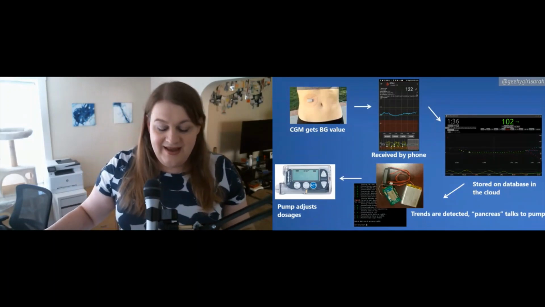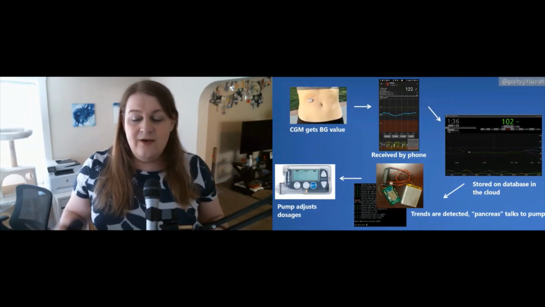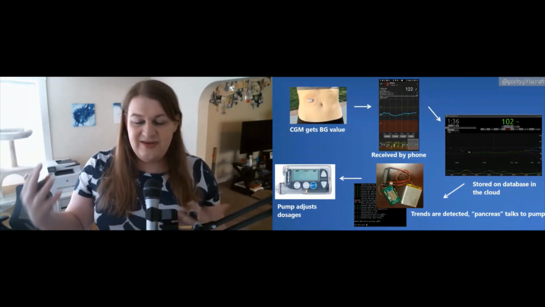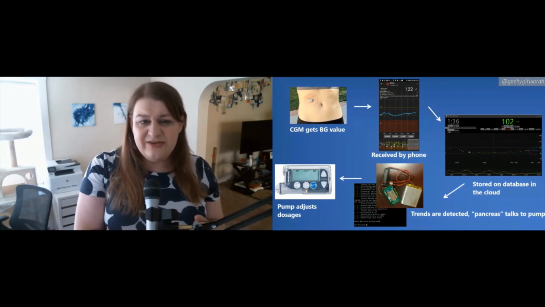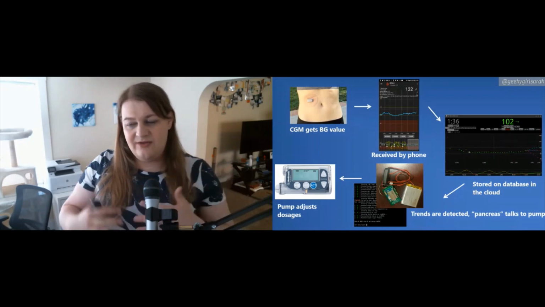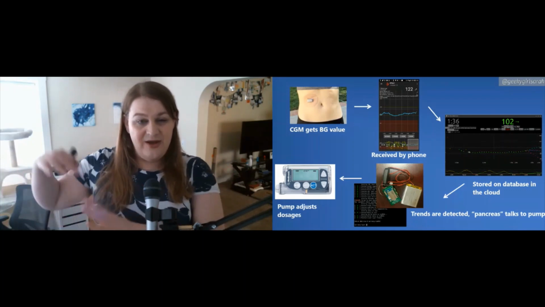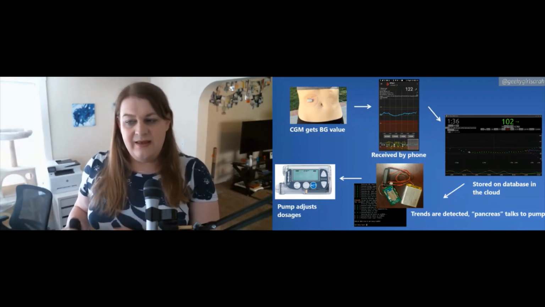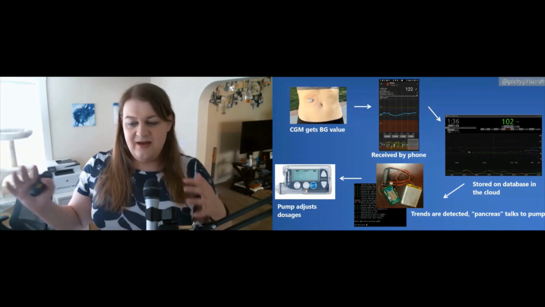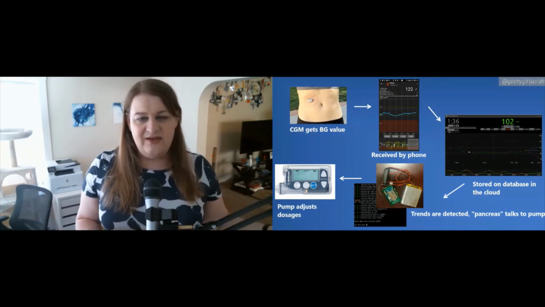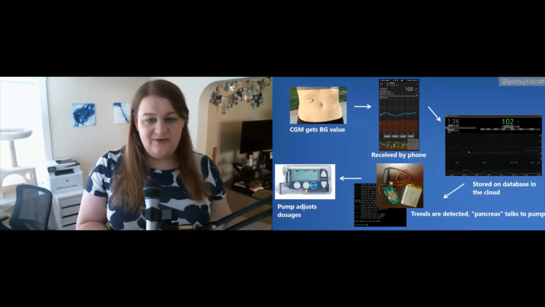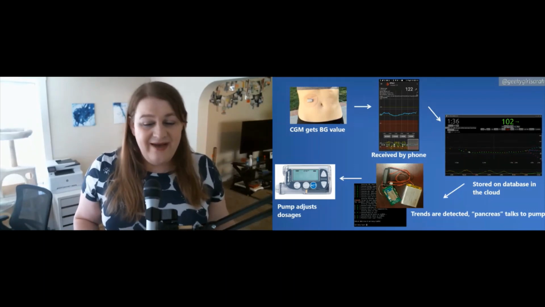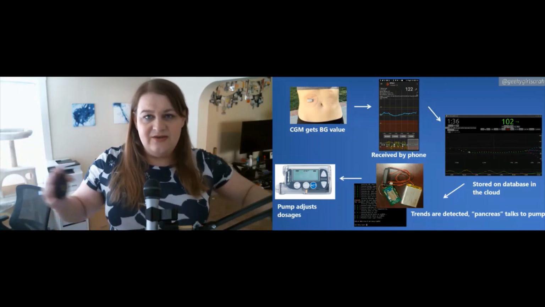Then this Pancreas device will download this data and see what trends are going on. So how many carbs do I have in me? How much insulin do I have in me? And are the results what's expected? Am I going up when I should be? Am I going down when I should be? If not, adjust how much insulin I should be getting right now, either through boluses or basals, adjust what my pump does. So now these two things that don't talk to each other can talk to each other.